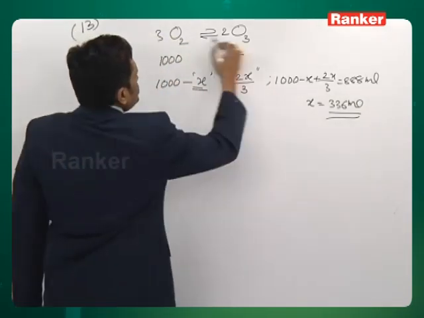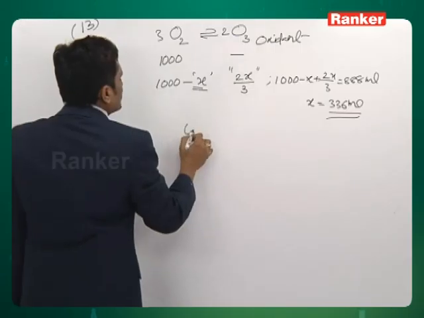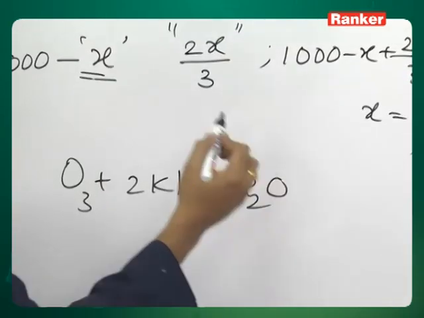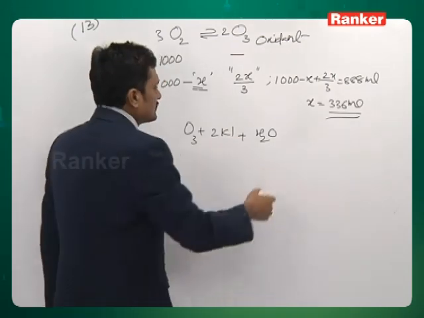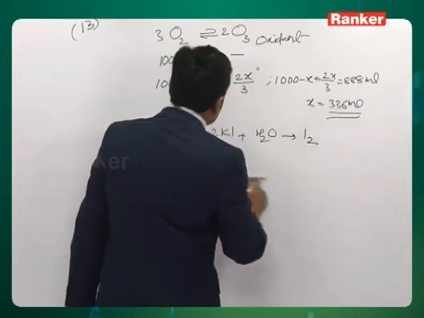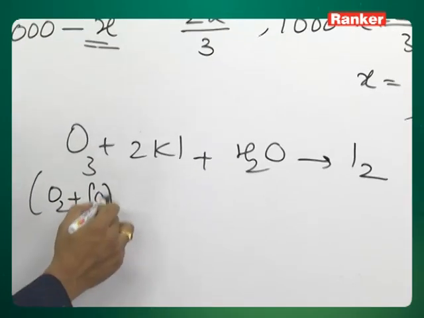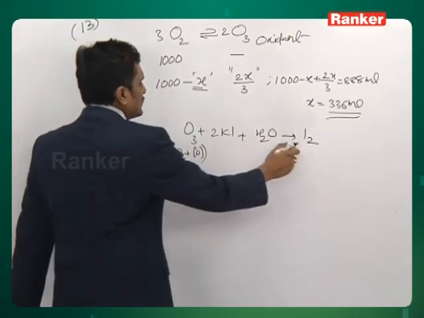Now we know that out of these two, ozone is a better oxidizing agent. Now when this gas mixture is passed through KI, there is only one chance that your ozone is going to react with KI as per this reaction to give you iodine. Ozone is a better oxidizing agent because of the presence of nascent oxygen, and that is responsible for the oxidation of this potassium iodide into I2.